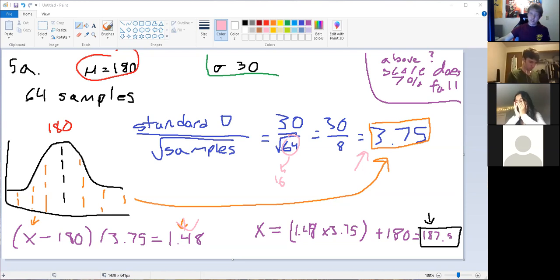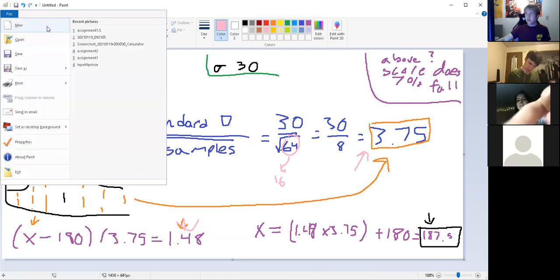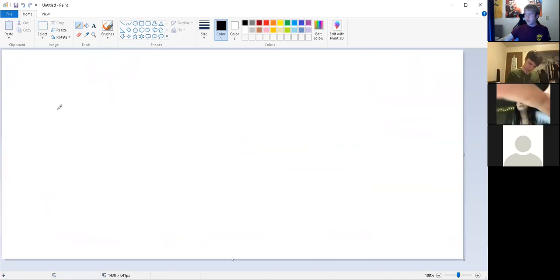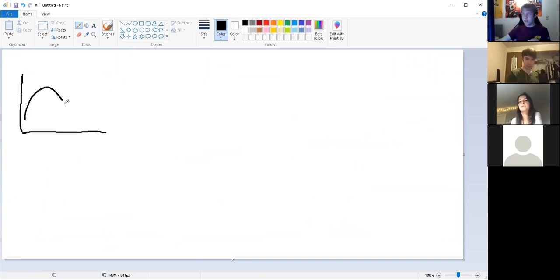Does anyone have any questions about the kurtosis stuff, or anything for the sake of having that clarified? Okay. So this is going to be similar to what I showed you in class the one time, where it's the skews.